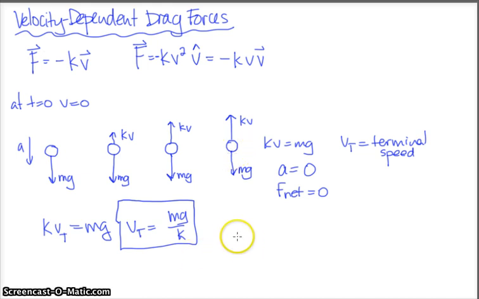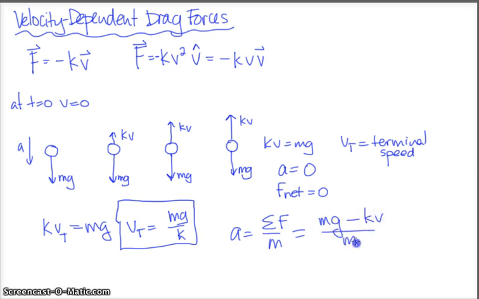And we start by saying, okay, acceleration is equal to the sum of the forces divided by the mass. And the forces on this are mg downward and kv upward, divided by the mass equals the acceleration. So mass times the acceleration is mg minus kv. And at this point, we can't quite solve for the velocity because the acceleration and the velocity are related by the derivative.